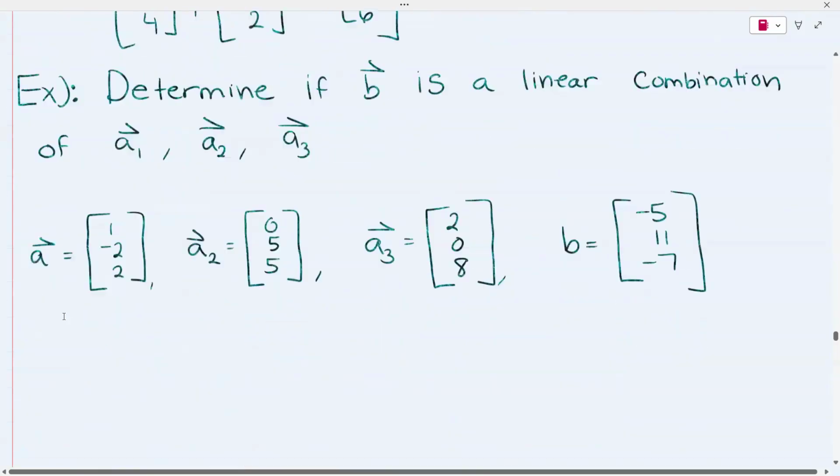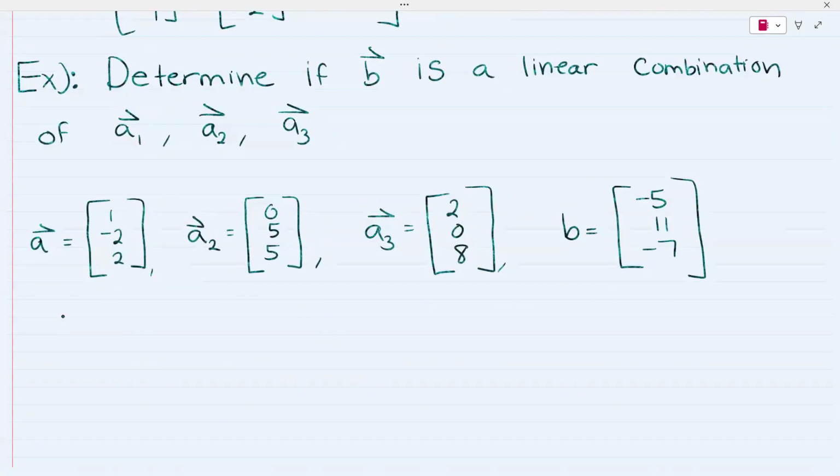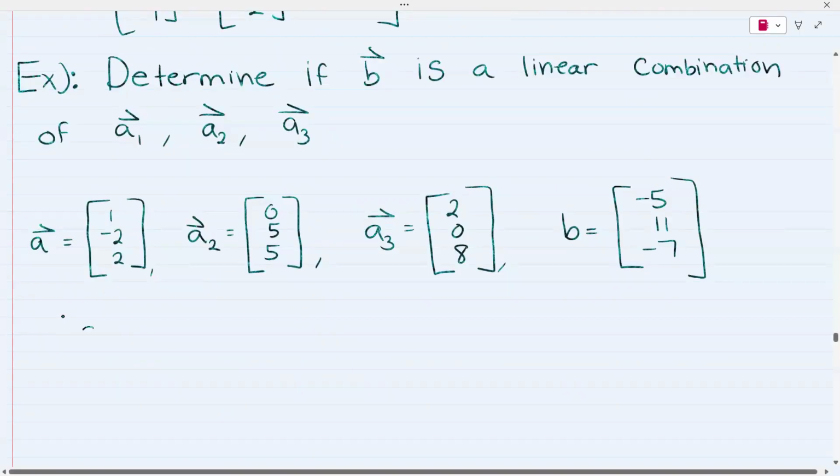So what we're saying is we've got to find c1 times vector a1. So c1 is your linear combination, and then c2 would be your other linear combination for vector a2, and then c3 for vector a3, right? And then that should give you your vector b. So how do we set it up?